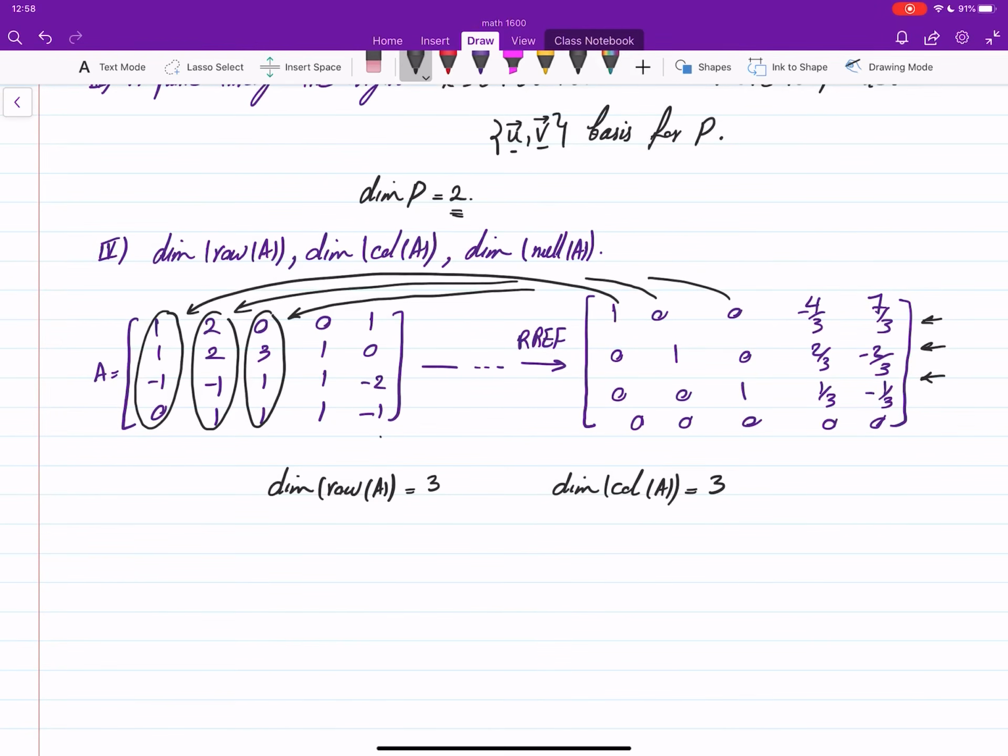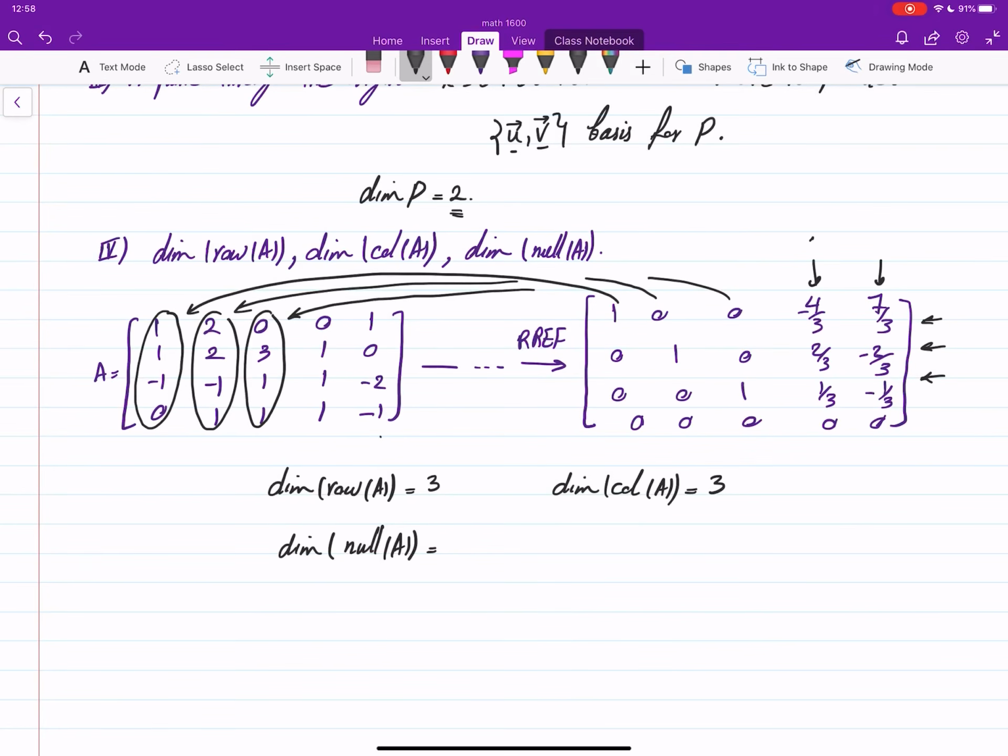How about the nullity, or the dimension of the null space of A, sorry. In this case, you can solve AX equals 0, and you will see that this column and that column will be free variables.